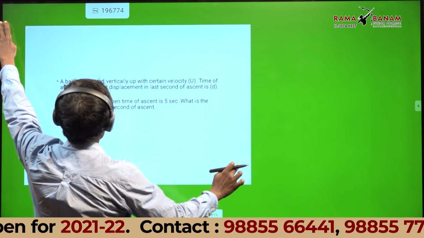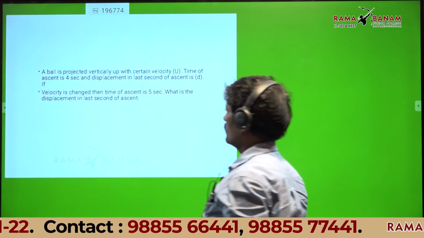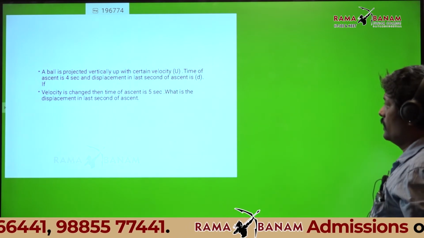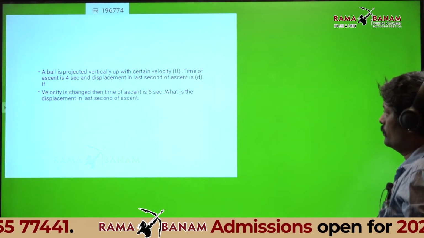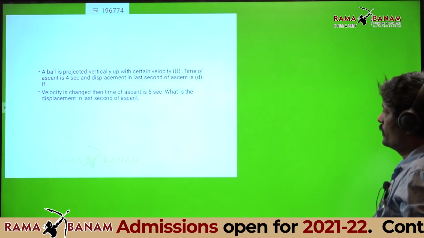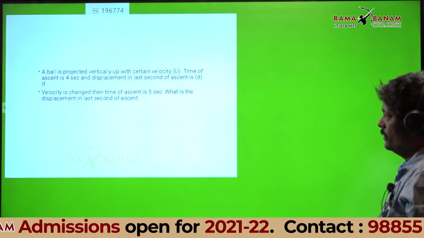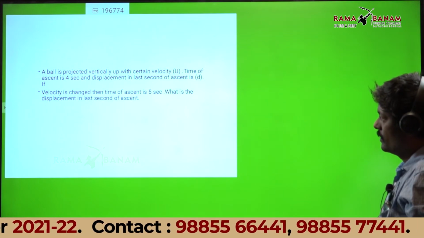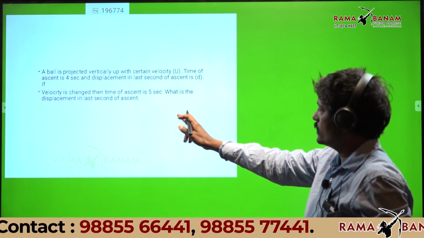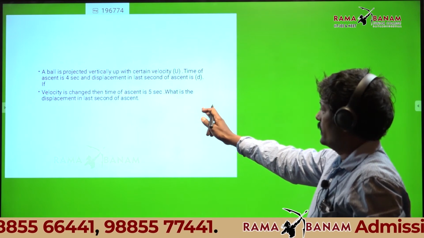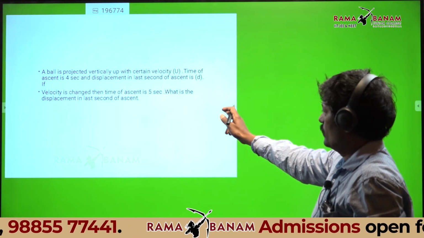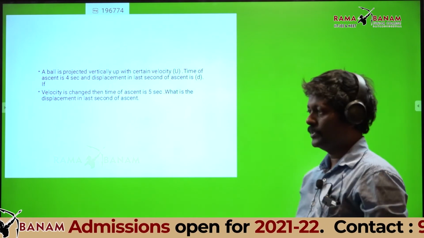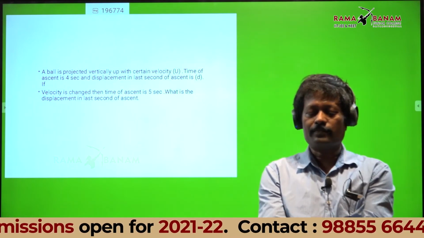Look at this here. A ball is projected vertically up with certain velocity u. Time of ascent is 4 seconds and the displacement in the last second is d. If velocity is changed, then time of ascent is 5 seconds. What is the displacement in the last second of ascent? I am throwing this vertically up.